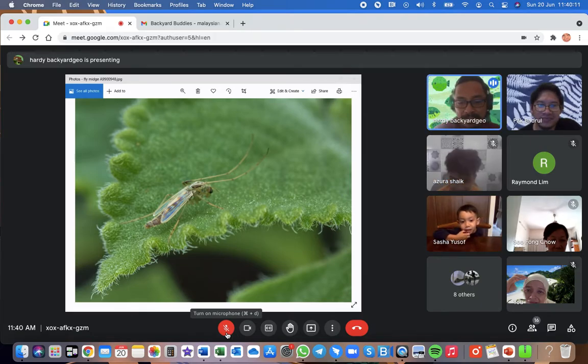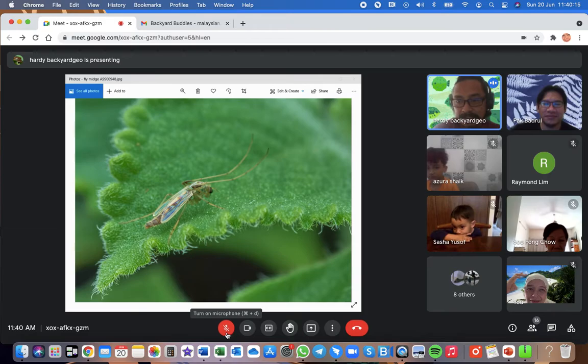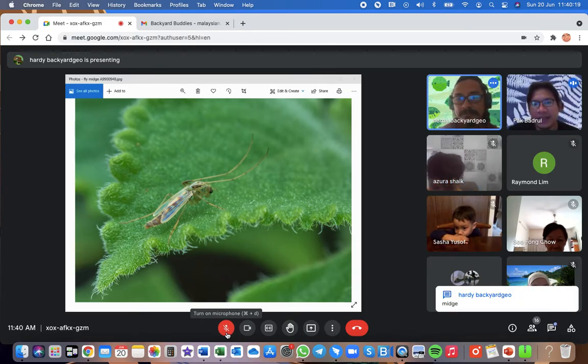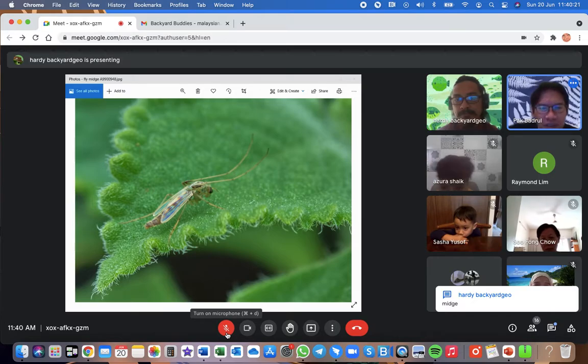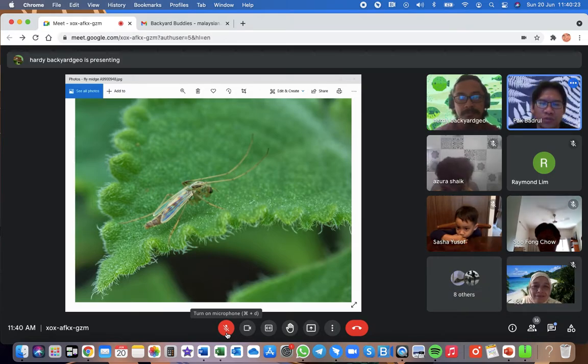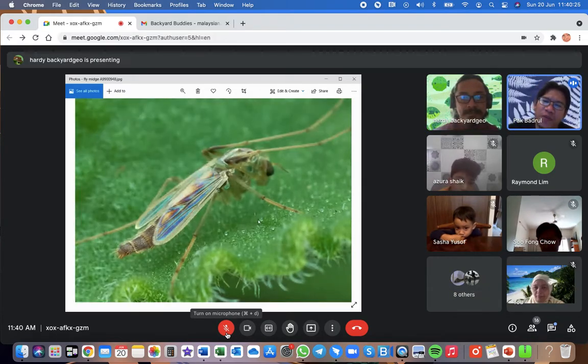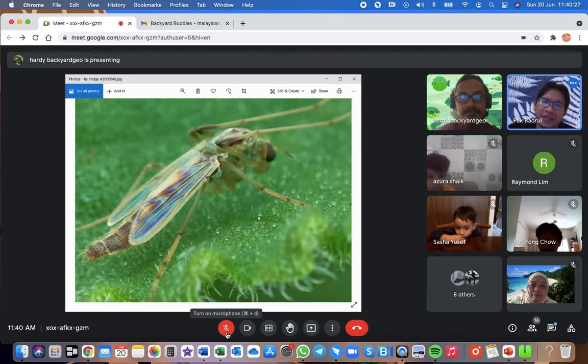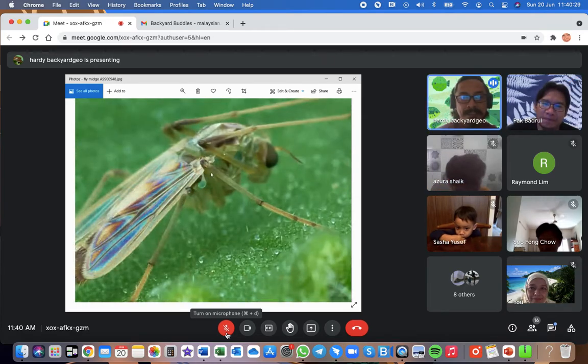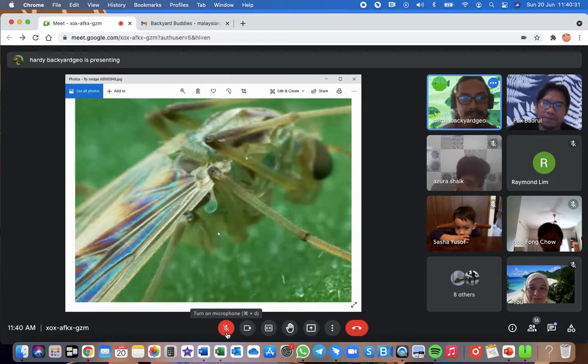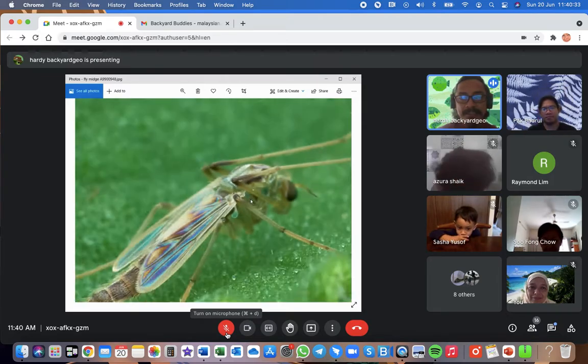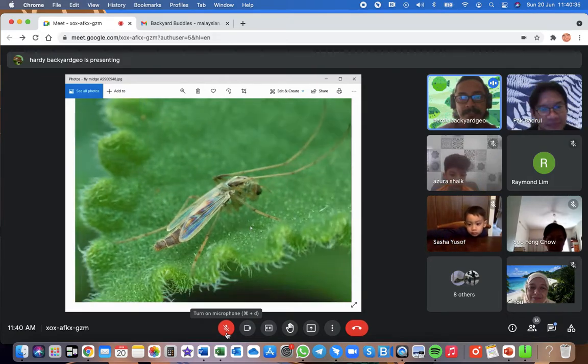It's a midge. It's a cousin of mosquito. Different family, but related. You can still see the halters here. This is a dipteran.